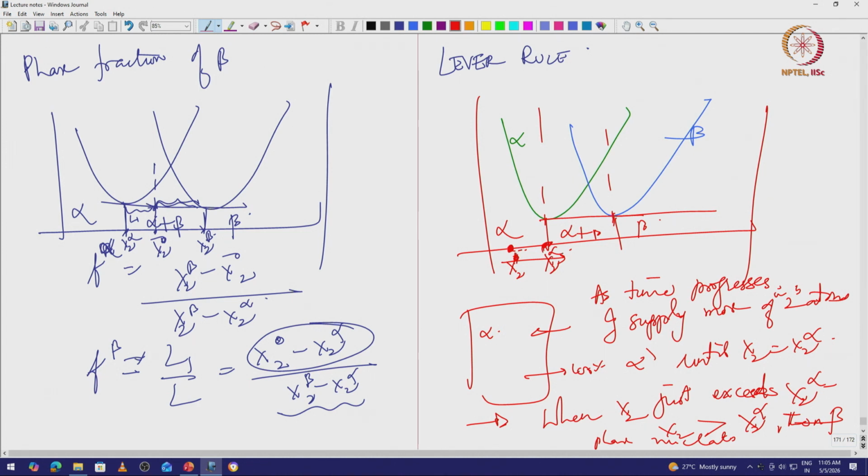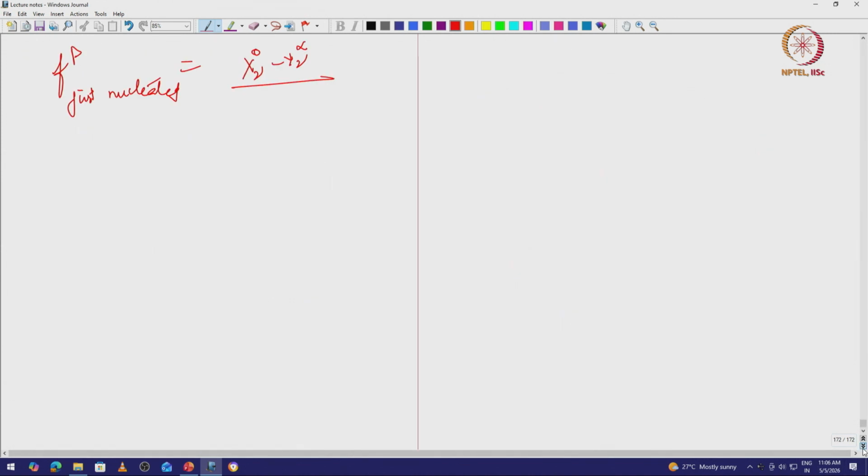But here once it goes just above this, I am going into a composition of x2 0, that is the total composition to start with. I have flushed in enough 2 atoms that the composition has increased from x2 1 to x2 0, let us say. And so at x2 0 it should precipitate out beta, this is called precipitation. At x2 equal to x2 alpha, beta phase should precipitate out.